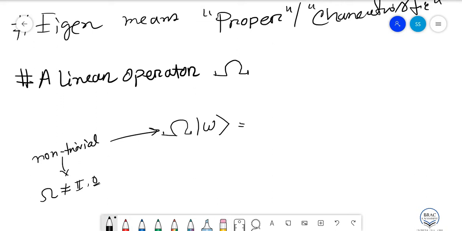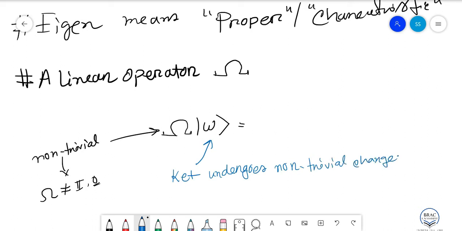So if this is true, that omega is a non-trivial operator, then this ket over here undergoes a non-trivial change. Right? And let's say after the operator acted on it, it is transformed to omega prime.